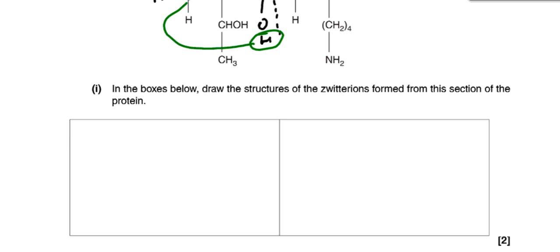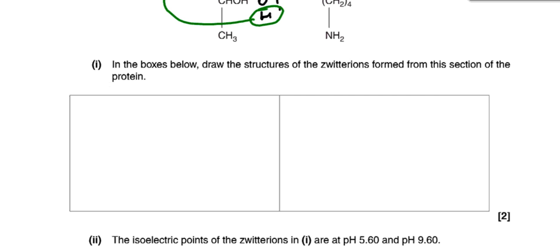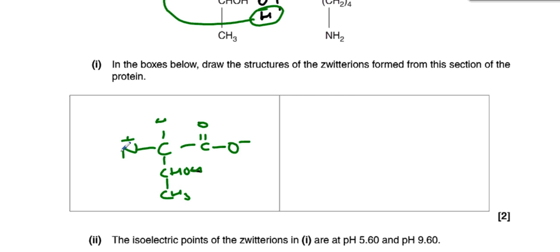So to draw these out, I'm praying my pen is going to keep working. I've got CH down to my R group, which is an OH and a CH3, and across to my C double bond O, and I've got an O with a minus on it because that H has moved over, and I've got an N plus with 3 H's on there.